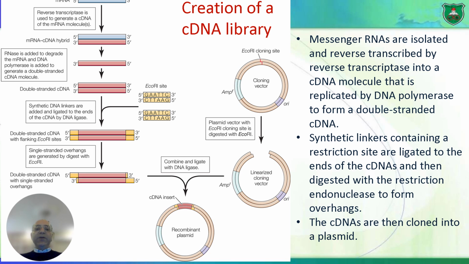Now, the other thing is cDNA libraries would contain things like exons only. They're not going to have promoters because they are not expressed. We're talking about RNA representing messenger RNA molecules now. We're not talking about any type of RNA.